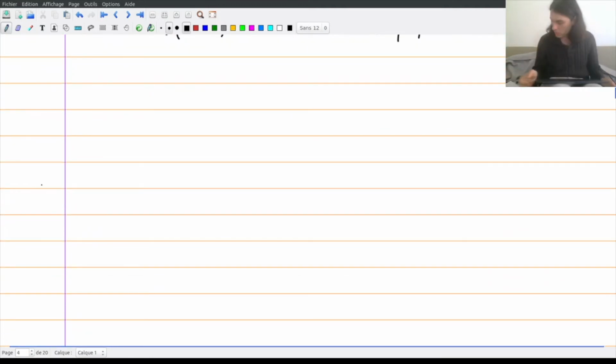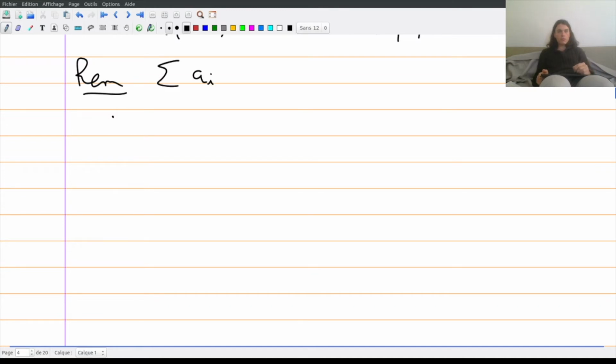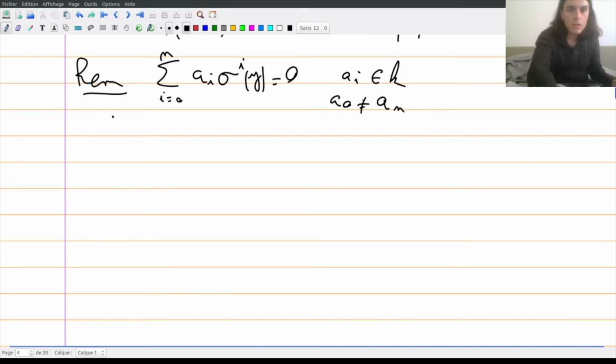So let me make a remark. If you have an equation rather than a system, since the a_i belong to K, and since sigma is an automorphism, you can assume, up to applying sigma minus 1, that a_0 and a_n are not 0.